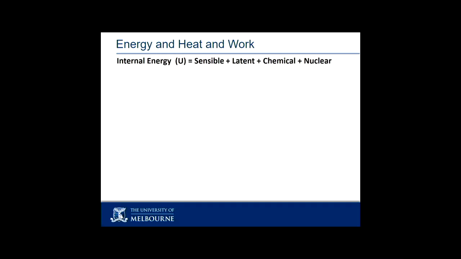That term I can ignore for my problem. If I don't release any nuclear energy, same. If I don't change phase, then all I'm interested in is my change in temperature. If I don't change temperature, I've got no problem to analyze. So because we deal with changes from state 1 to state 2, a lot of the mathematical trickiness of our problem vanishes because we can just cross it off.